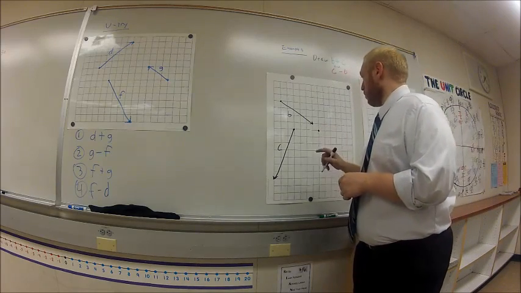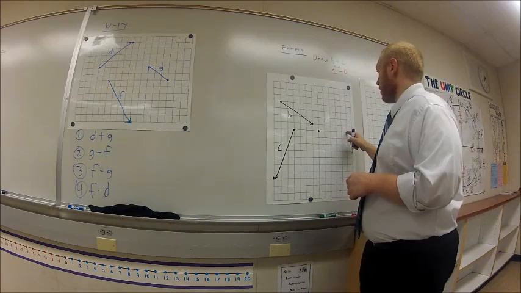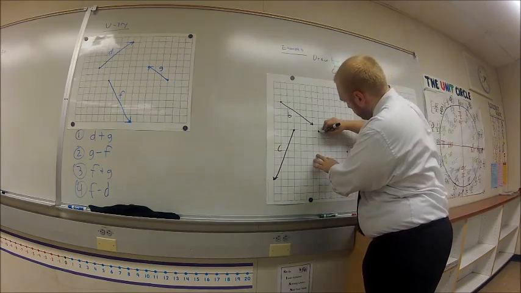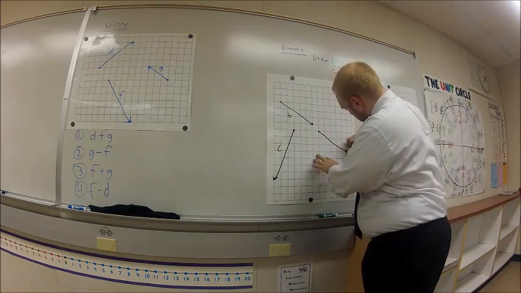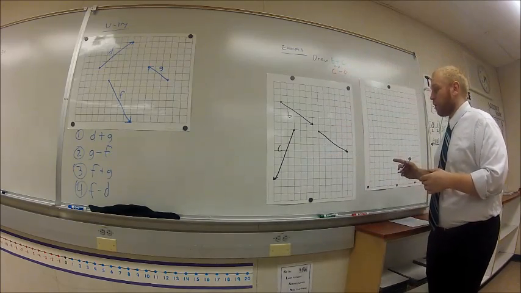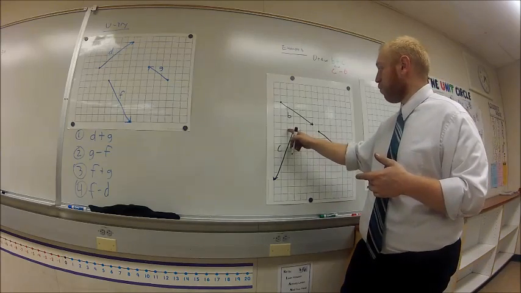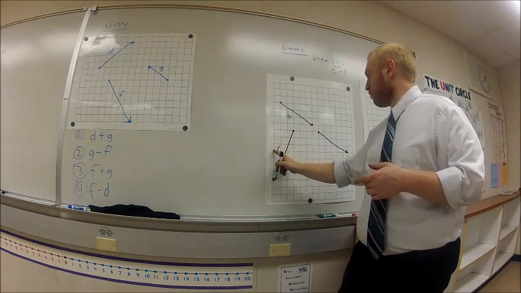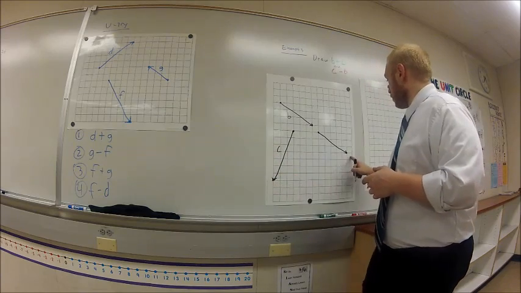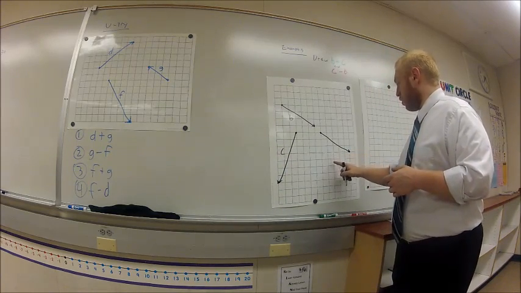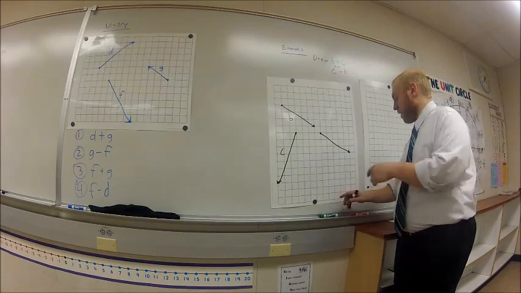So I'm going right 1, 2, 3, 4, 5, and down 1, 2, 3. So from the terminal point, we're going to go left 1, 2, 3, down 1, 2, 3, 4, 5, 6, 7.